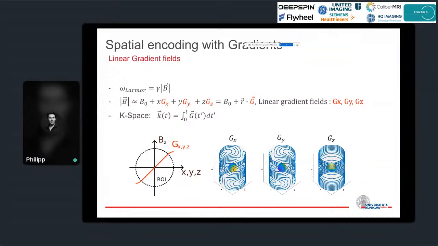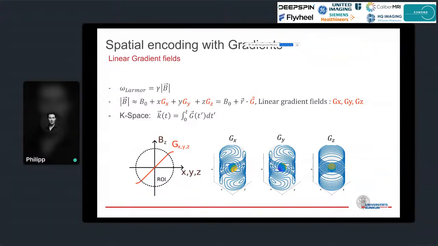We have to encode it via additional fields, and we call them the gradient fields, and they are linear fields in the different MR coordinate directions, so it's X, Y, and Z. With this spatial encoding, we can move through K-space and sample our data.